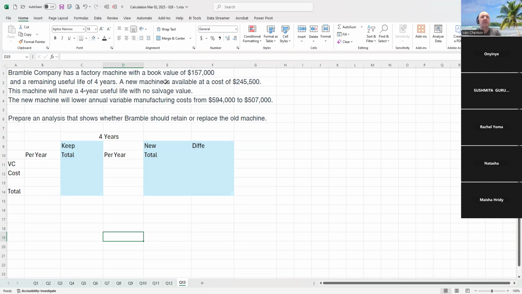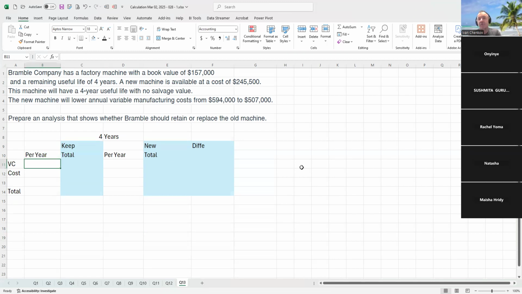So the new machine will lower annual variable manufacturing overhead from 594 to 507. So how many years do we have? 4 years. That's per year.